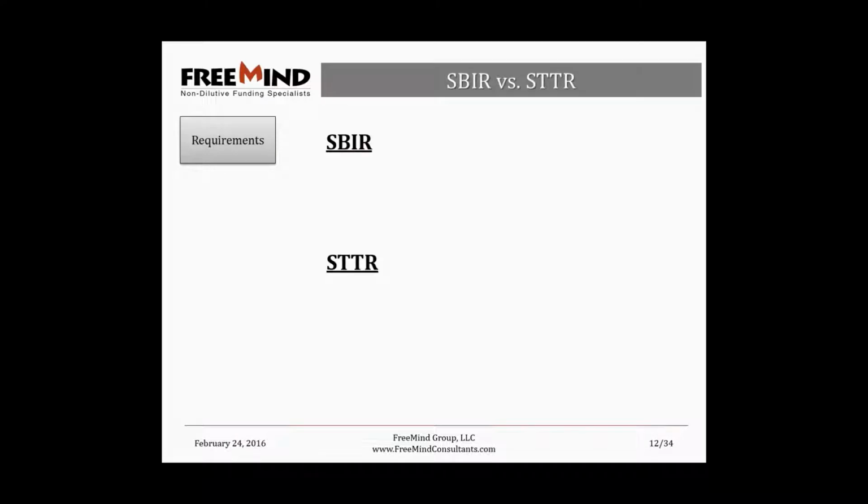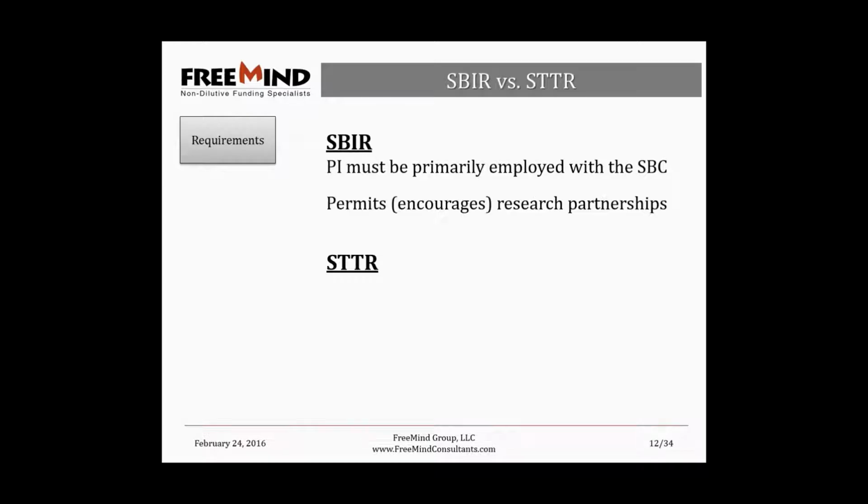So there are, of course, a few differences. In the case of the SBIR program, the PI, the principal investigator, has to be primarily employed within the small business concern. And the regulations of that program permit and even encourage research partnerships, meaning if you see the need to add a person or some kind of expert to your team, you are very much encouraged to do so.